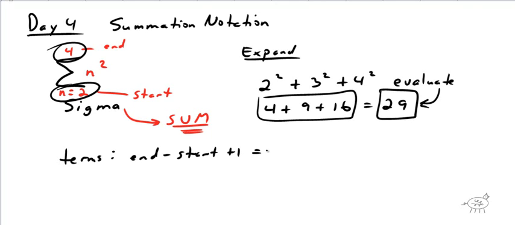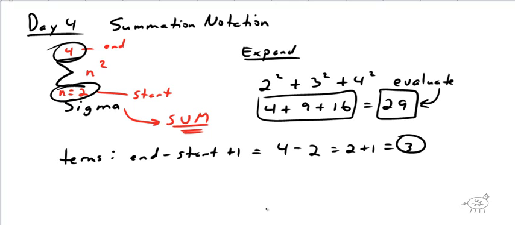So if you look at it, of course we had 3 terms, but let's look at it. It's 4, which is the top value, minus 2, which is the starting value. So 4 minus 2 is 2, and then we add 1 to that, and it's 3. So that's important. There are 3 terms here. Sometimes people look at it and they say between 4 and 2, oh, there are 2 terms because 4 minus 2 is 2. But if you count them, it's 2, 3, 4. There are 3 terms. Okay?